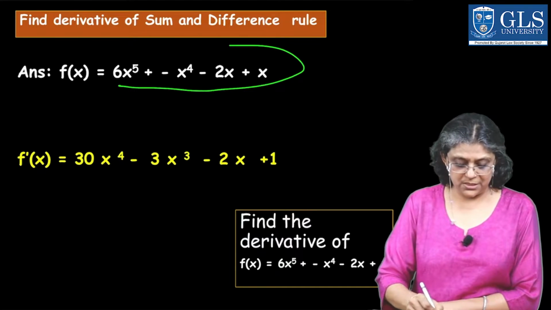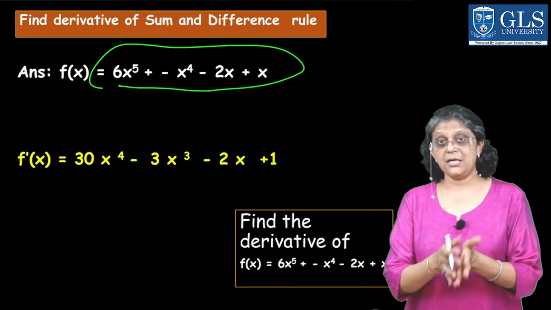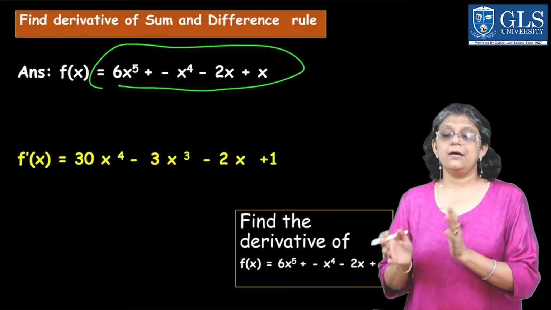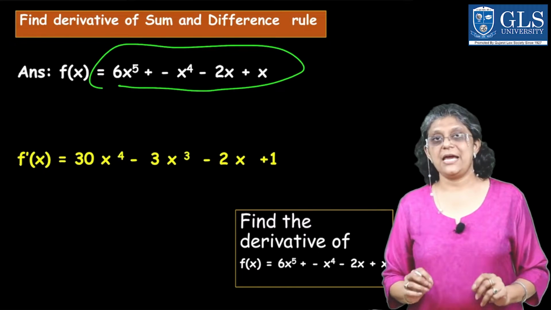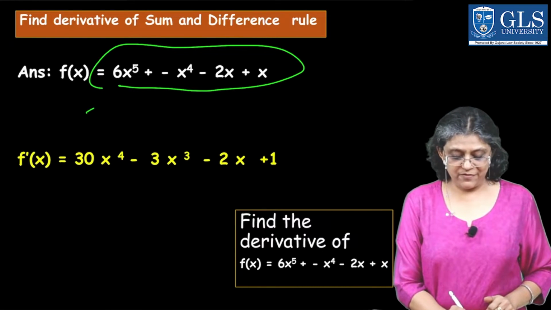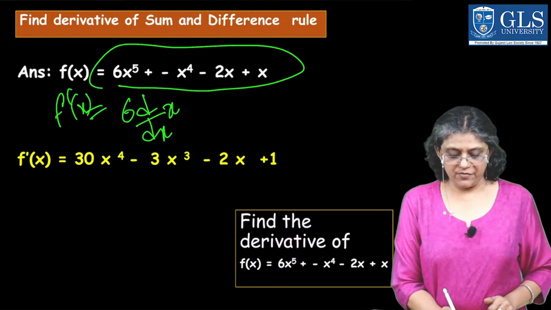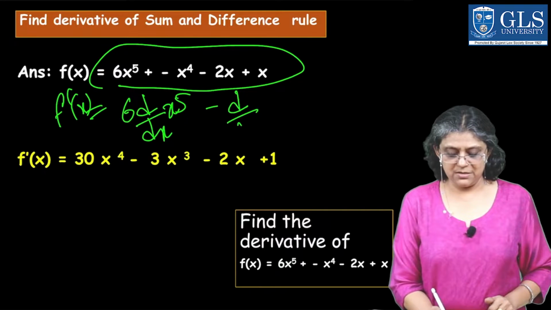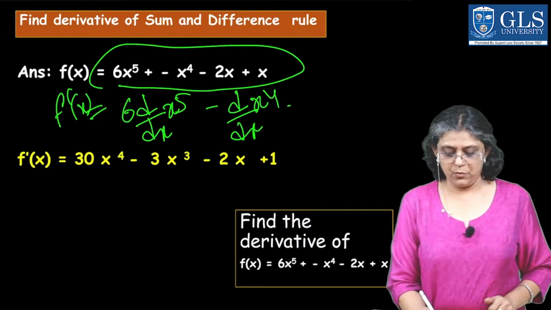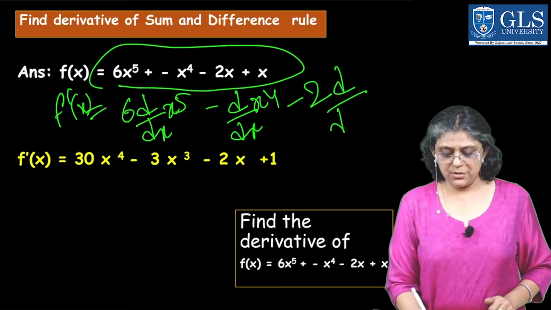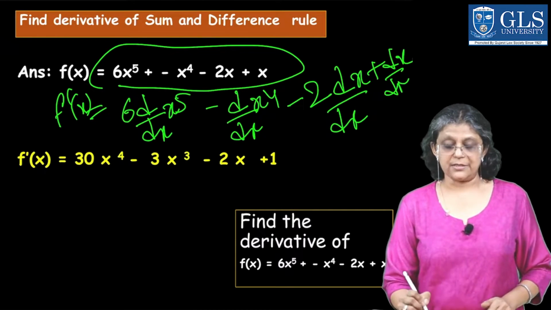Find the derivative using the sum and difference rule. I have given an equation that has plus and minus, and I have the formula base as x raised to n. So simply, fatafat, you can write down f dash x is equal to 6 into d by dx of x⁵ minus d by dx of x⁴ minus 2 into d by dx of x plus dx by dx.